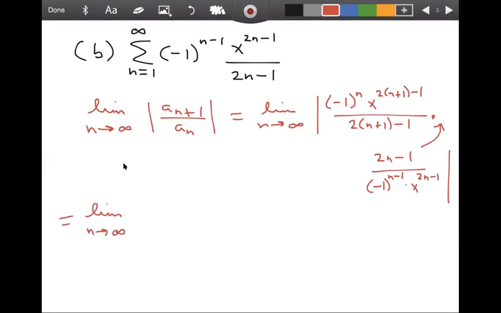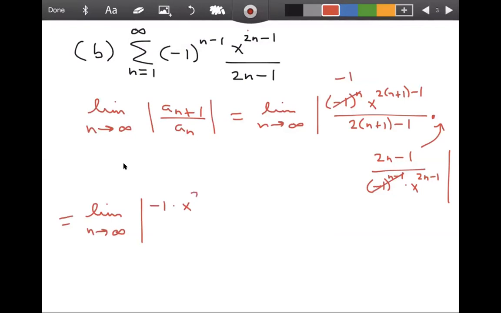All right, just like before, negative 1 to the n divided by negative 1 to the n minus 1 just leaves negative 1. And let's be super careful with these other things. So we have a negative 1. We're going to have an x to the 2n plus 2 minus 1.